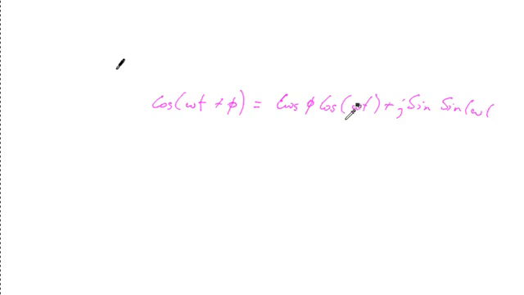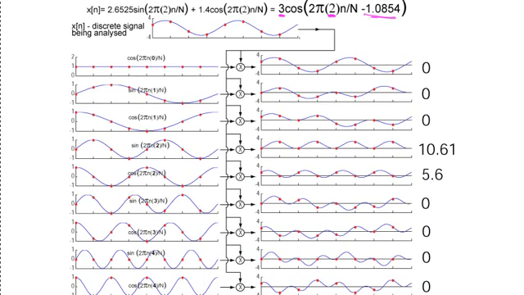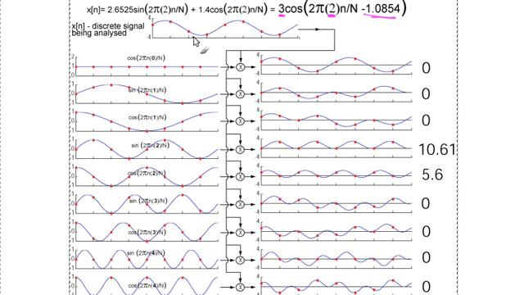Now let's just flick back to that example, which is here. In this case, we're dealing with a cosine waveform with a phase shift, which can be represented mathematically as being the sum of a sine and a cosine of the same frequency. In this case, the frequency is 2 complete cycles over 8 samples.